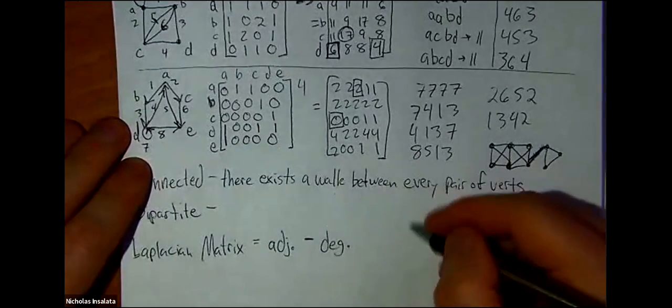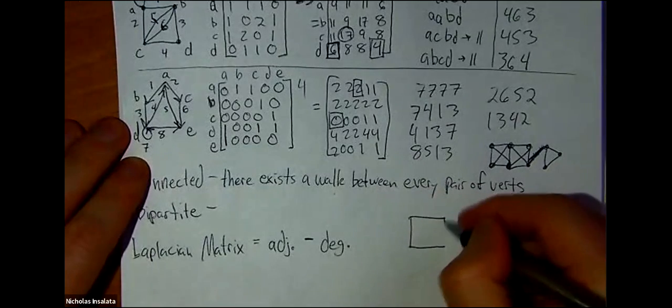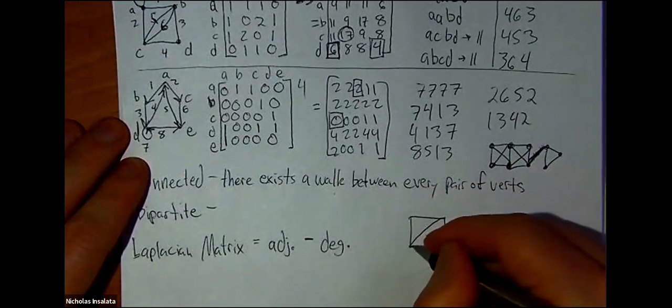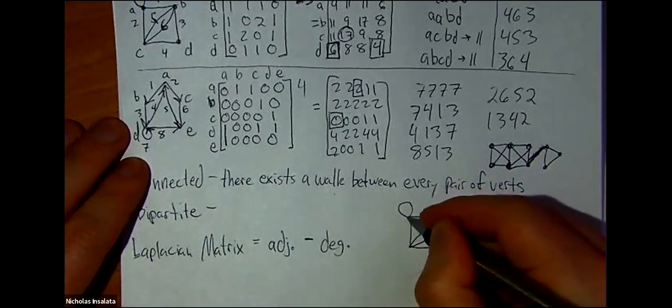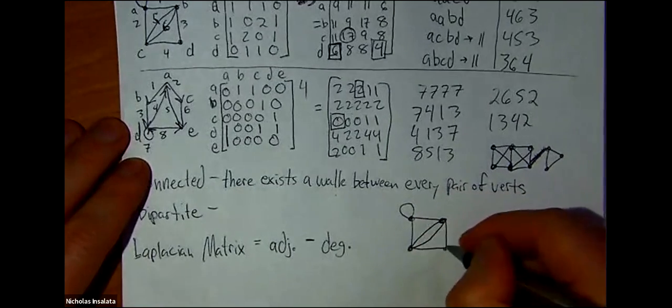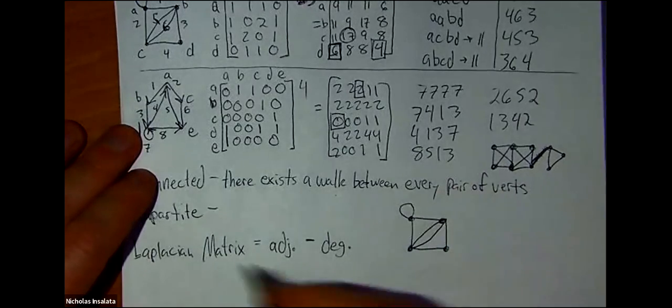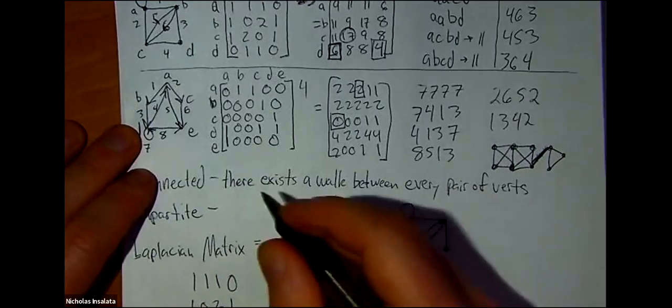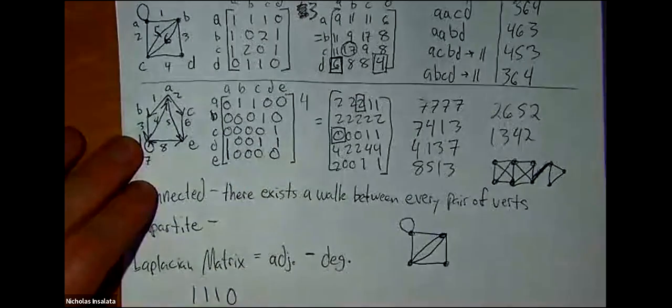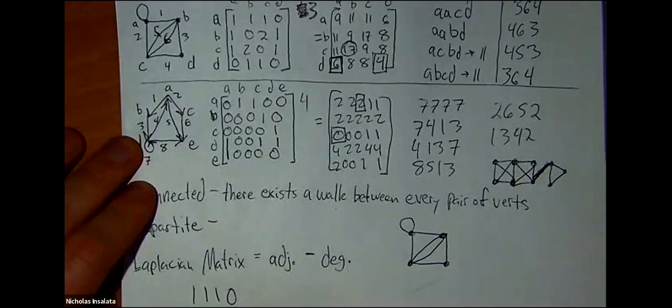And let me use my example from above here. I've got my square, the parallel edges like that, and a little loop on the top here. So let's use this guy. We already know the adjacency matrix is 1, 1, 1, 0, 1, 0, 2, 1. I'm just taking it from up here. 1, 2, 0, 1, and 0, 1, 1, 0.